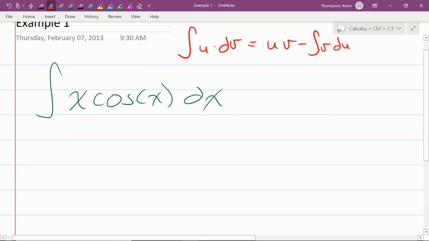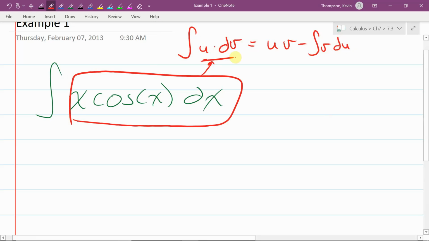So I have to look at this and decide which parts are u and which parts are the dv, which parts correspond to which function from that product rule. I'll tell you how I know in a minute, but u should be x, and cosine of x times dx should be dv.